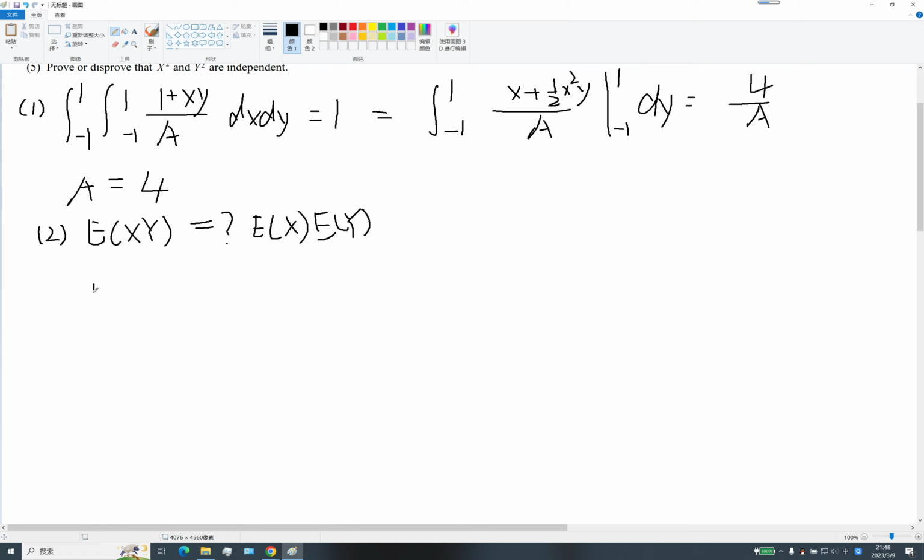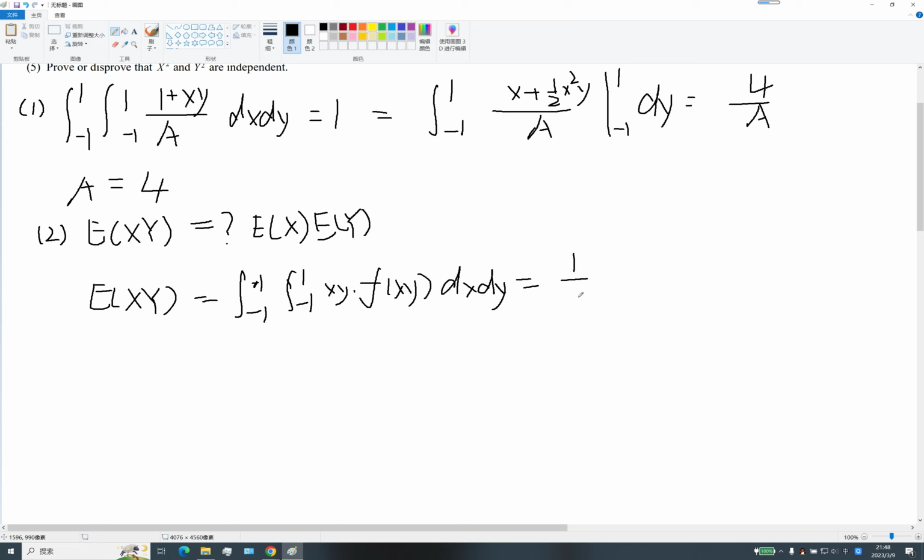We know that E[XY] is the integral from -1 to 1 and -1 to 1 of xy multiplied by f(x,y). It is equal to 1/9.